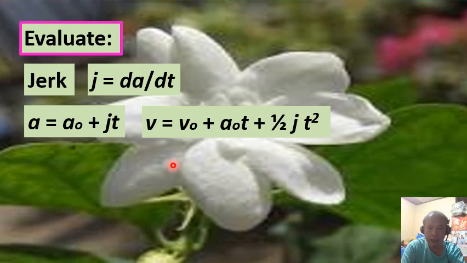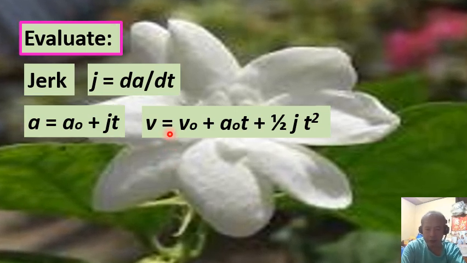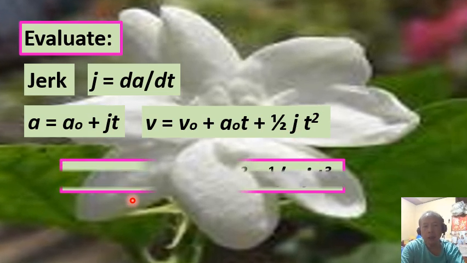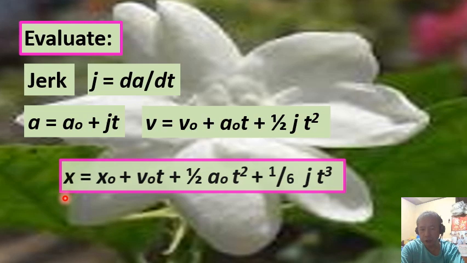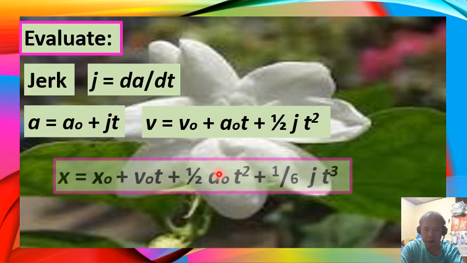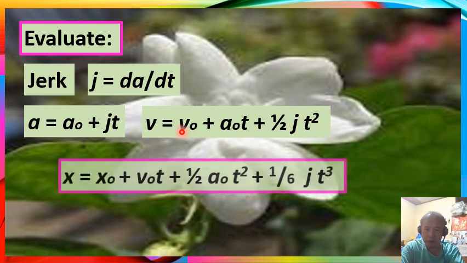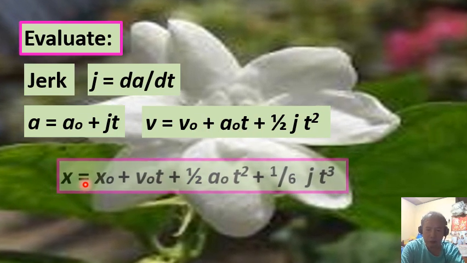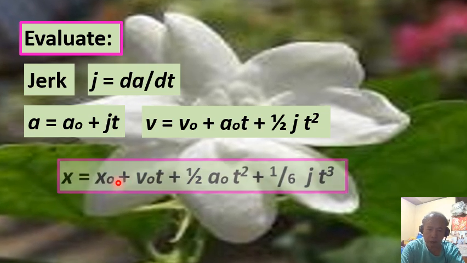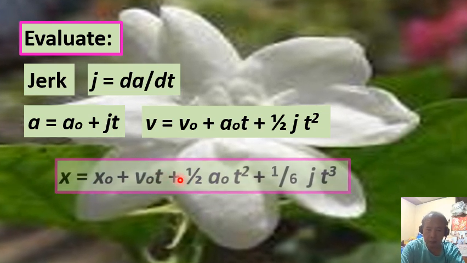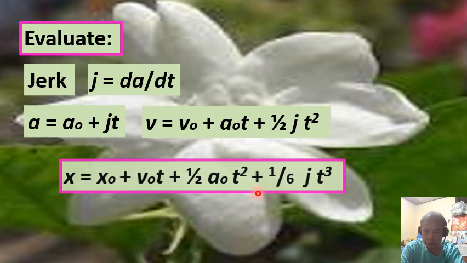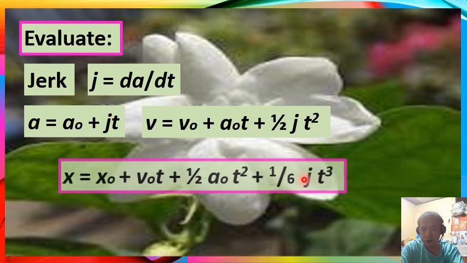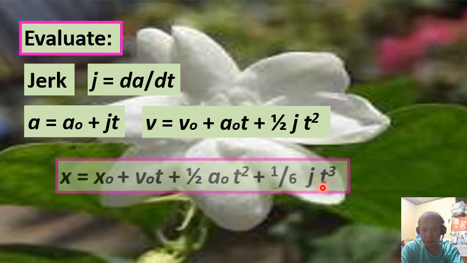And lastly, if we integrate this velocity function, we will arrive at our desired position x function. That is, x equals x naught plus v naught times t plus 1/2 a naught times t squared plus 1/6 the product of the value of the jerk multiplied by the cube of the time t.